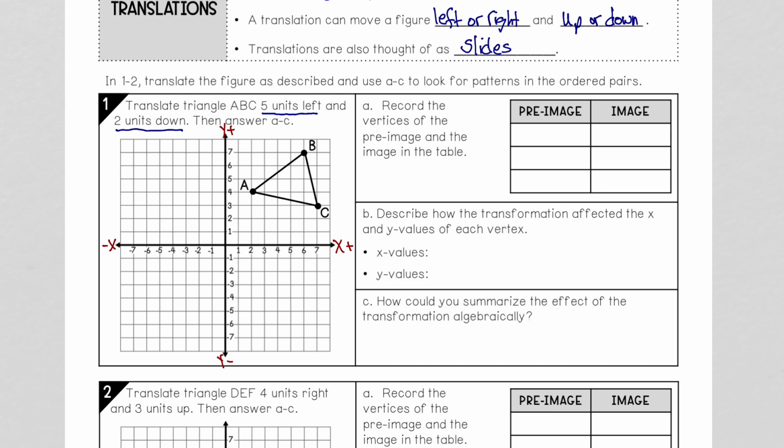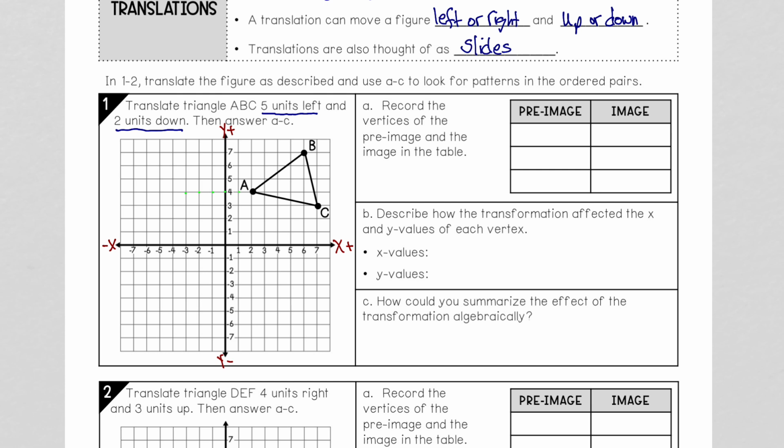So it tells us to go 5 units left, 2 units down. I'm going to mark my movement to get to my image from my pre-image. 5 units left, 1, 2, 3, 4, 5.